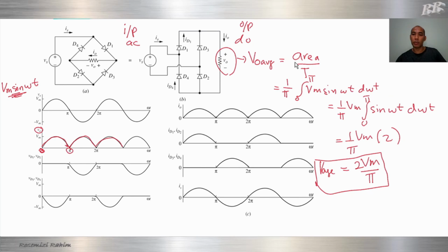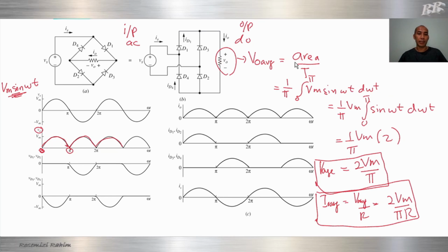Next is I out. I out average is equal to V average divided by R, equal to 2 Vm over pi R. That is the average current.